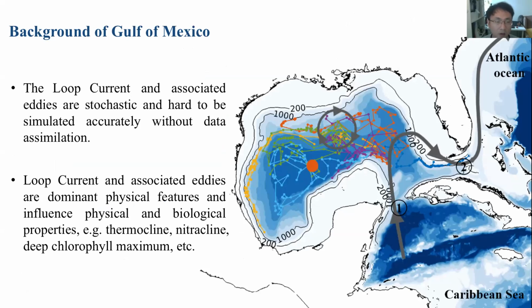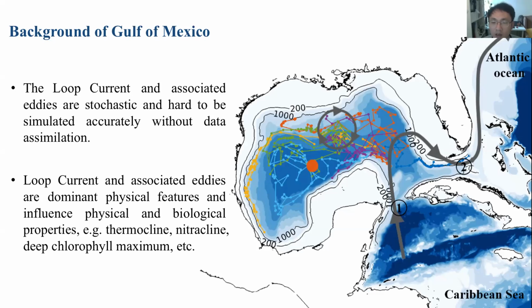And in this study, we will explore whether assimilating the current major observation streams, including the satellite observations of physical and biological properties, can constrain the model performance, especially the biological aspect below the surface. We choose the Gulf of Mexico as the study region because in the Gulf of Mexico, the Loop Current and its associated mesoscale eddies are stochastic and have to be assimilated accurately without the data assimilation.